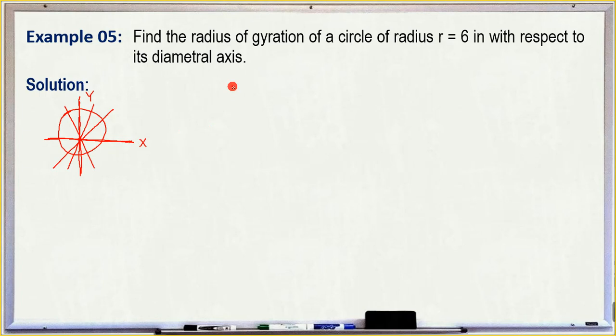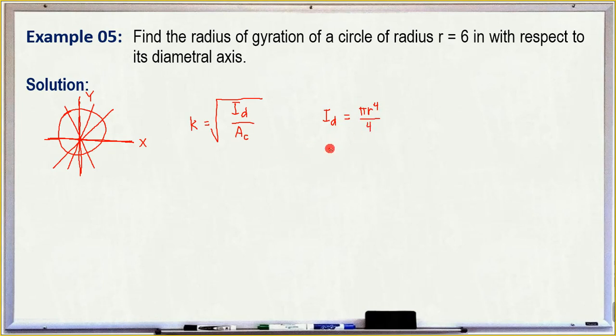Again, the formula for the radius of gyration is k equals the square root of the moment of inertia of this circle along the diametral axis all over the area of the circle. Now, if you have already watched the previous video, the moment of inertia for the circle along the diametral axis is equal to pi r to the 4 all over 4.